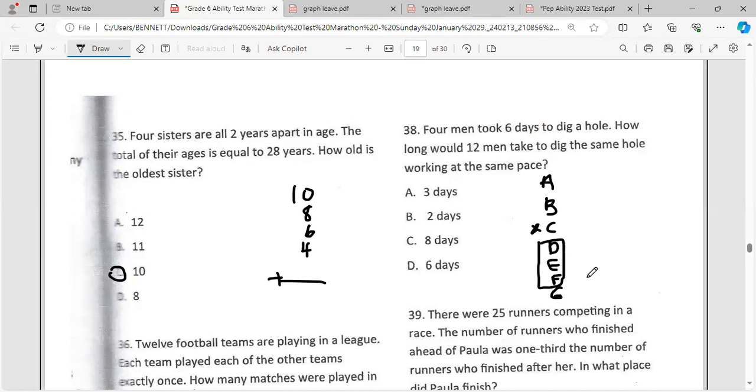Sir, teacher is saying 5 because of the 2 runners in front of him and the 3 behind him. Yeah, but they want the total runners. That's what the question asks for. He said how many runners took part. All right, so let me see what the teacher said. If Emily finished third and there were 3 runners between her and the last place finisher, that means there were 3 runners between Emily and the second place finisher.